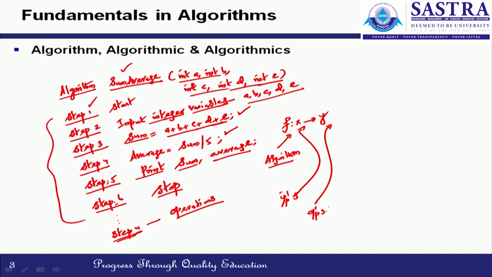Clearly, saying f from x tends to y, a list of inputs is transformed into some outputs. So what we can say about f is that f is an algorithm. An algorithm simply transforms the given list of inputs into some outputs.